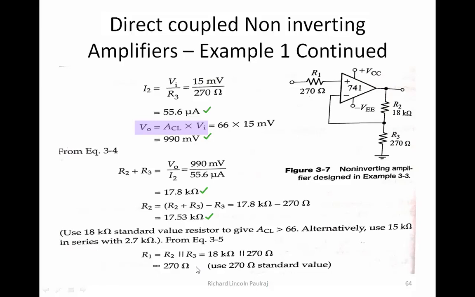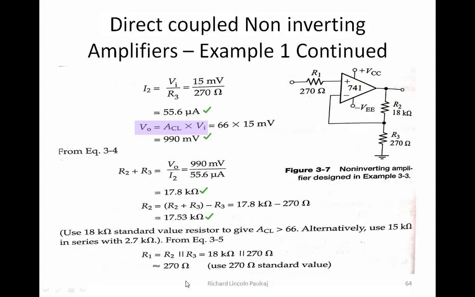Yes or no? What's the formula? How do we get R2 and R3 in parallel? Students, you have studied network analysis, right?